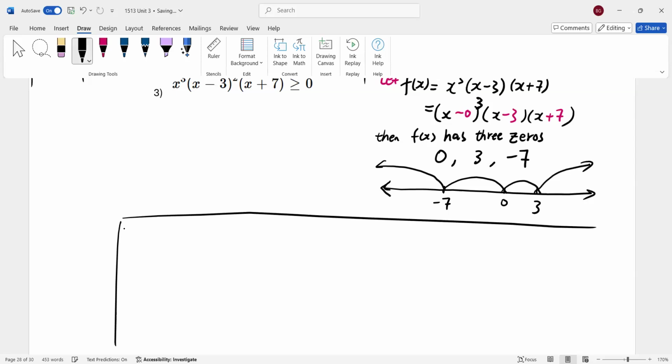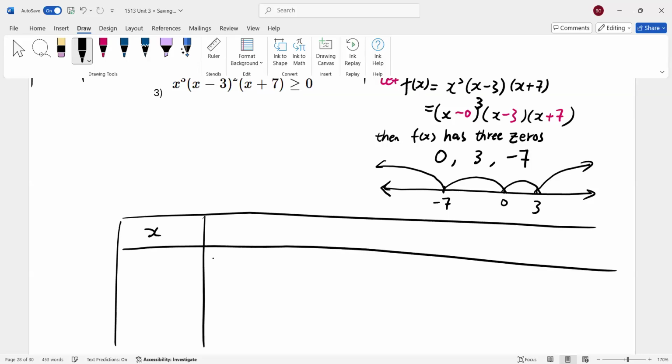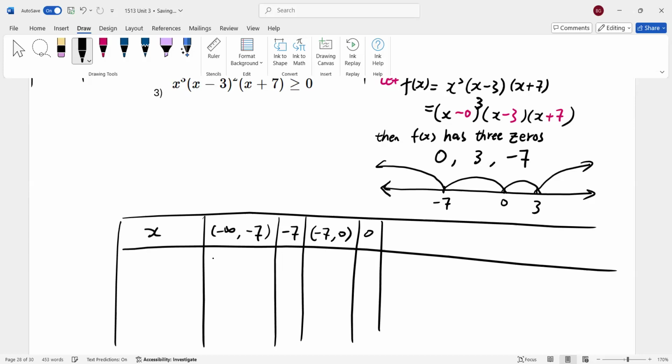This time I need to remember to leave enough space for the first column. The first row is x. We have from -infinity to -7, open, and -7 is a zero. From -7 to 0, and 0 is a zero. From 0 to 3, and 3 is a zero.